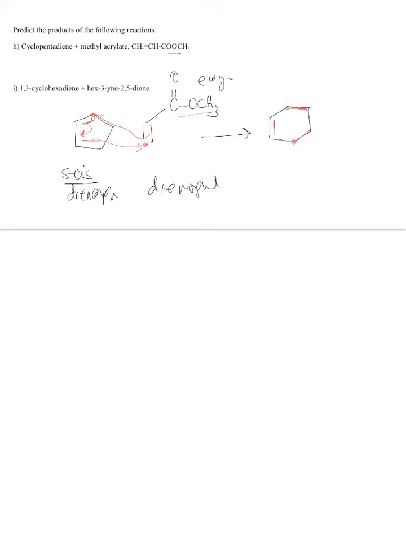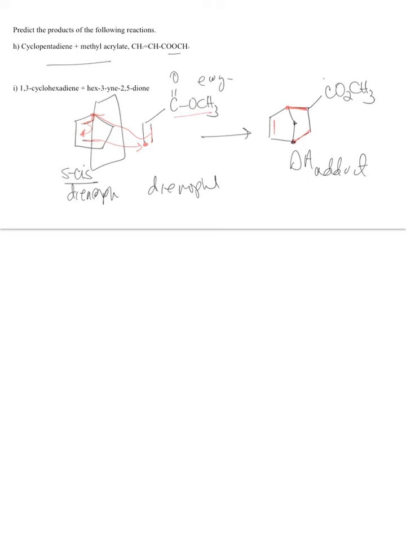And I don't have to worry about stereochemistry because this is a CH2. So I can just draw this as CO2CH3. And then I'm not going to forget about my bridgehead right there to those two carbons. And that's my Diels-Alder adduct.